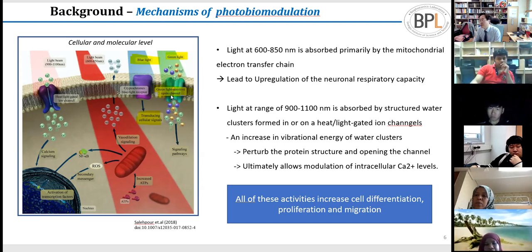That opsin channel can be activated by using the green light, and then you can see it can promote some signals.